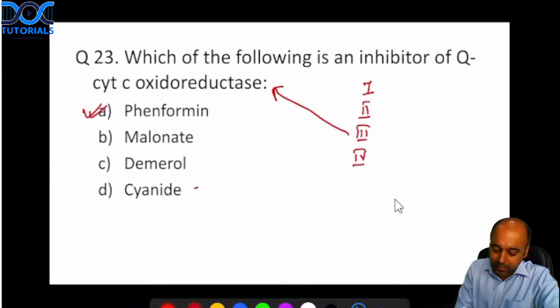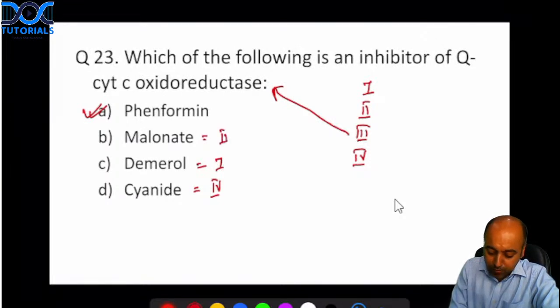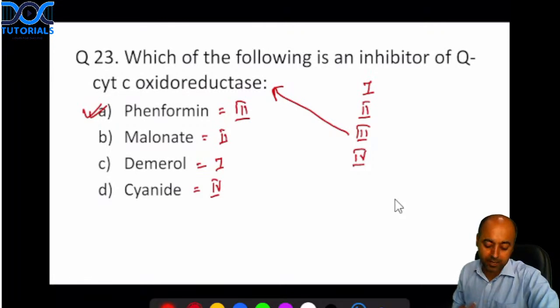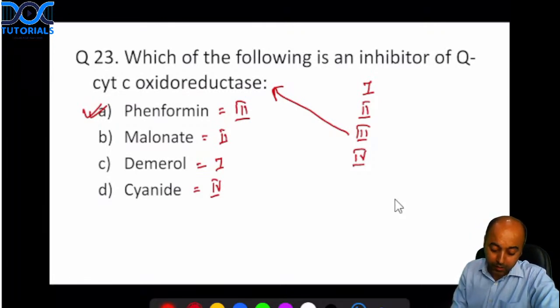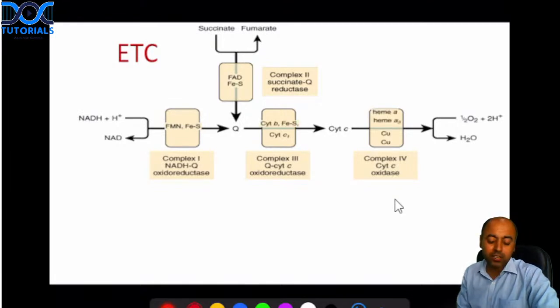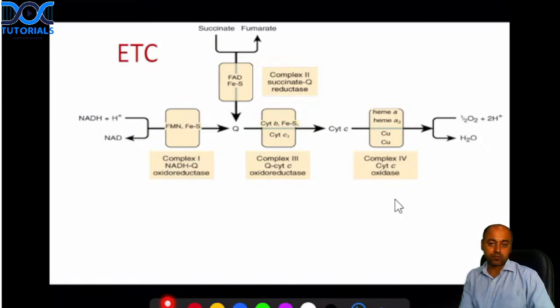Cyanide is inhibiting the complex 4, demerol is inhibiting complex 1, malonate is inhibiting the complex 2, fenformin is inhibiting the complex 3. So you can see here the composition, the components. Complex 1 known as NADH Q oxidoreductase.